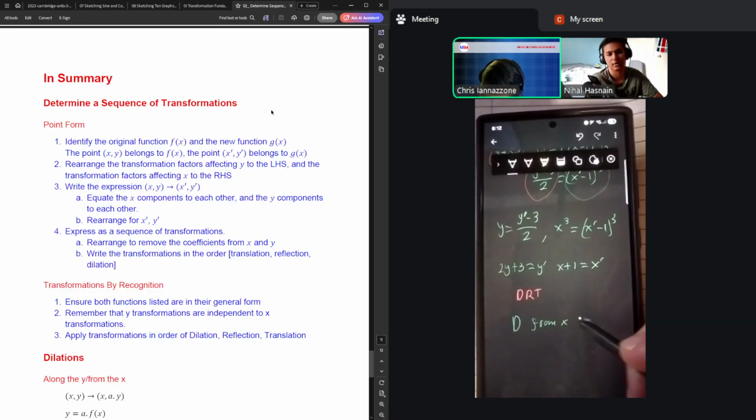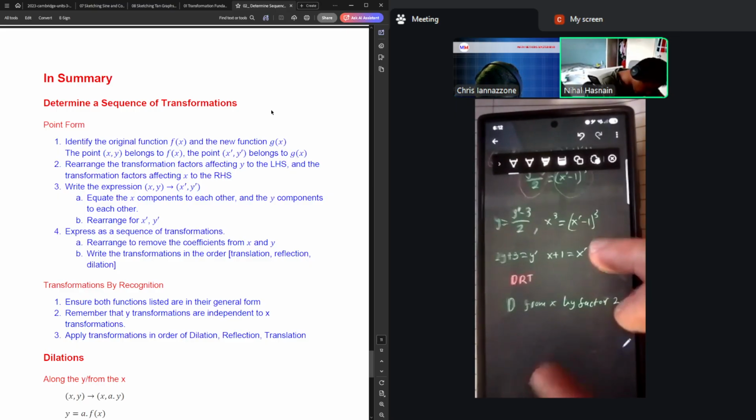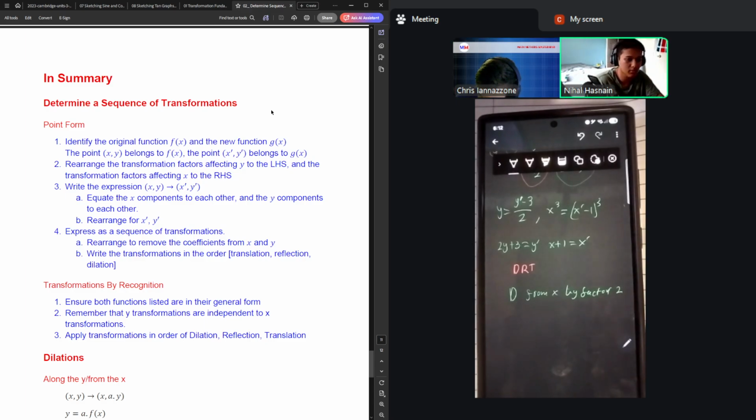You probably just say by factor 2. Dilation from x by factor of 2. Units is more reserved for translation stuff. Otherwise, that's good. Okay, I'll just write this down.